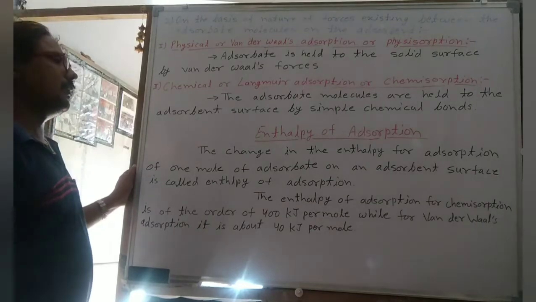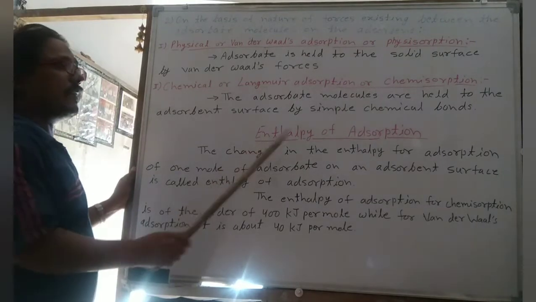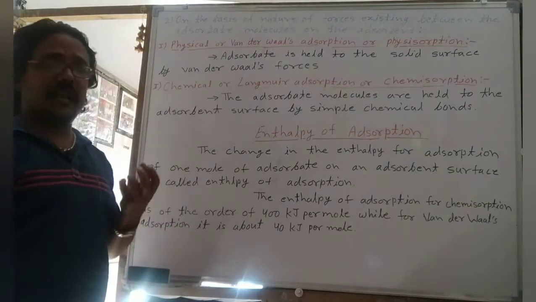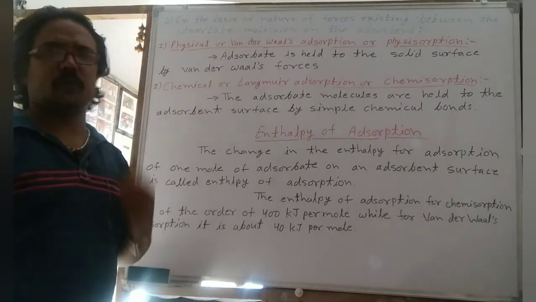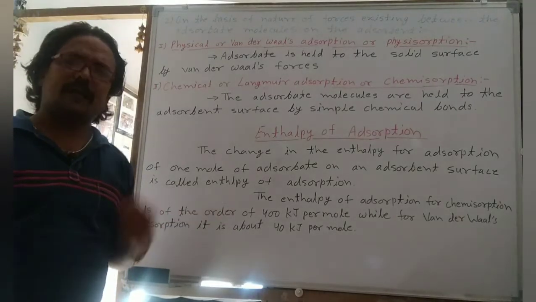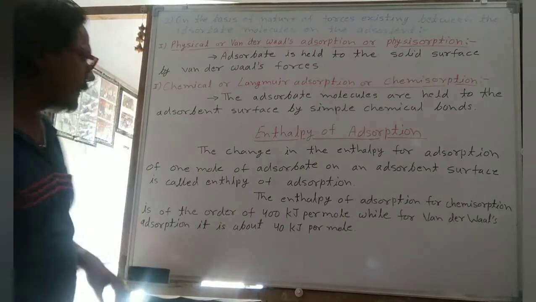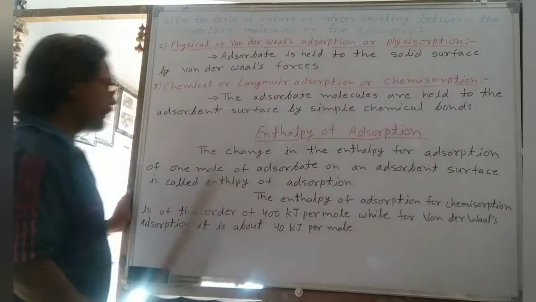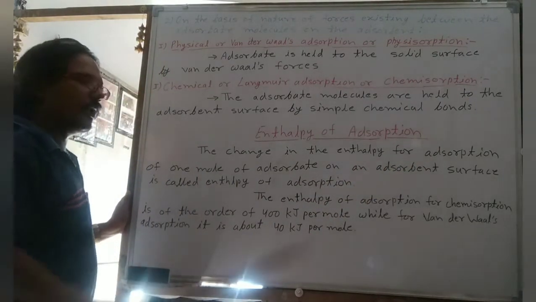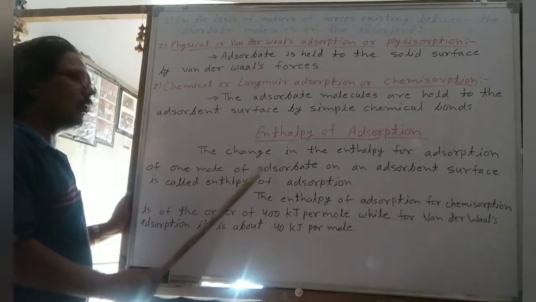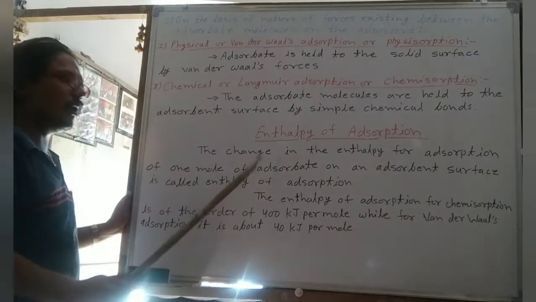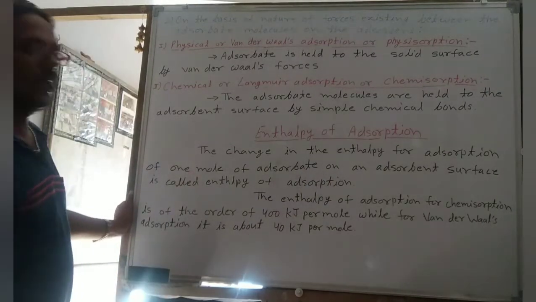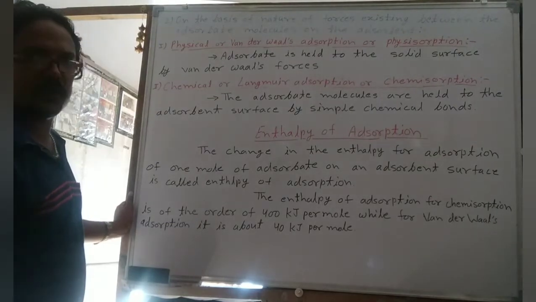Now I am going to discuss in short the enthalpy of adsorption. Very simple. The enthalpy change during the adsorption process is called enthalpy of adsorption. The change in enthalpy for adsorption of 1 mole of adsorbate on an adsorbent surface is called enthalpy of adsorption.